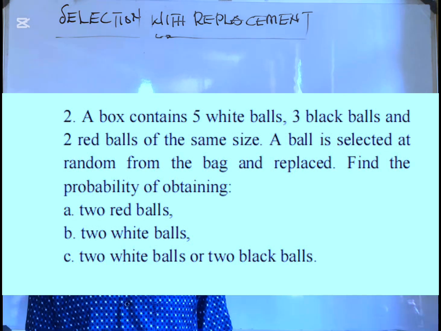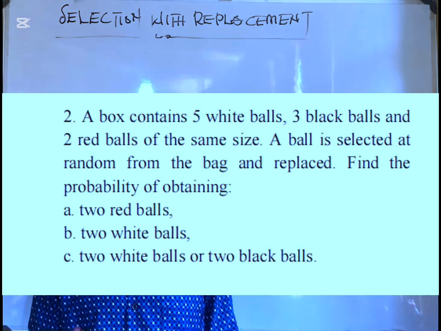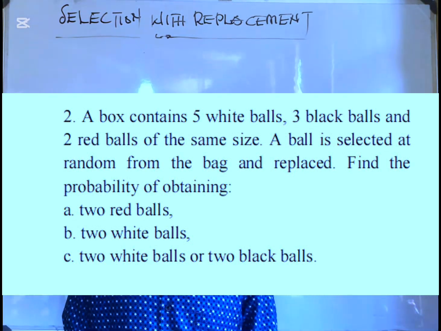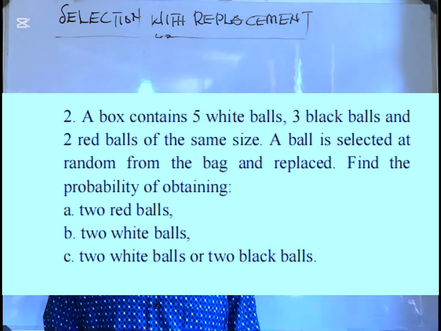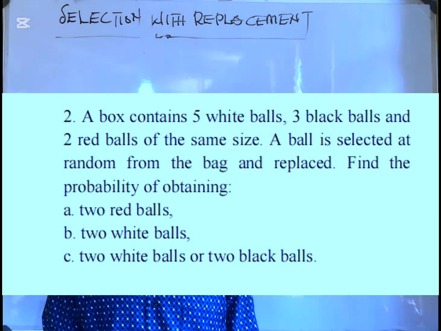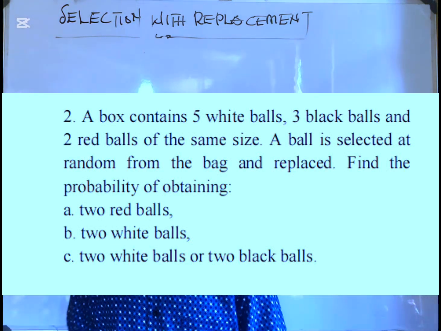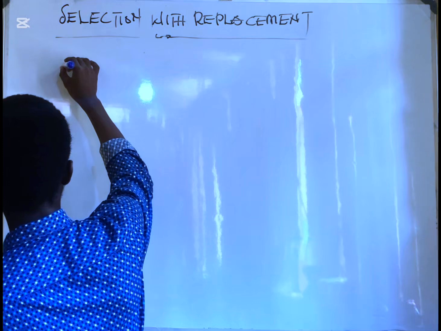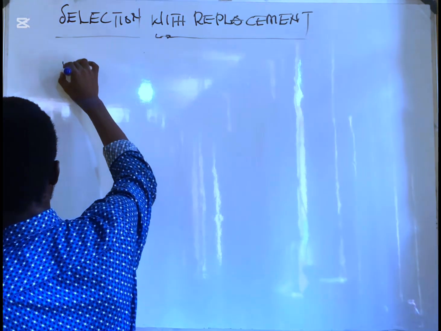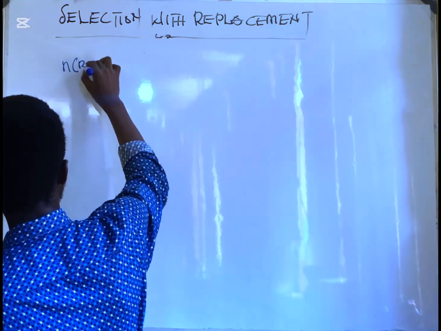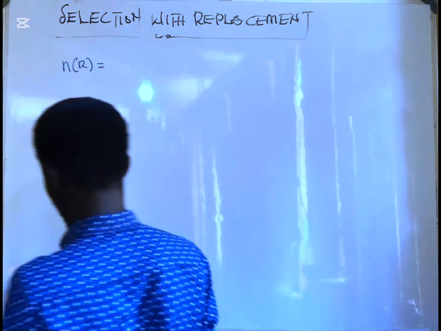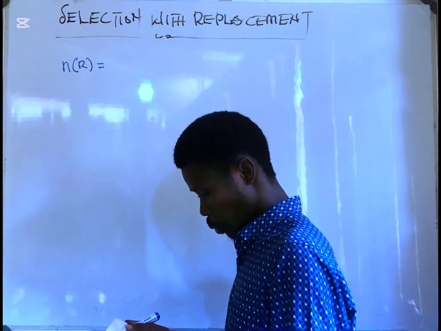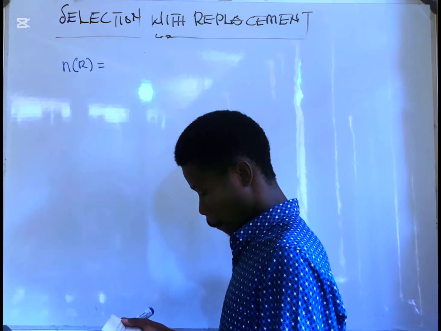Look at second example. A box contains 5 white balls, 3 black balls, and 2 red balls of the same size. So let me write them down. So number of white balls.